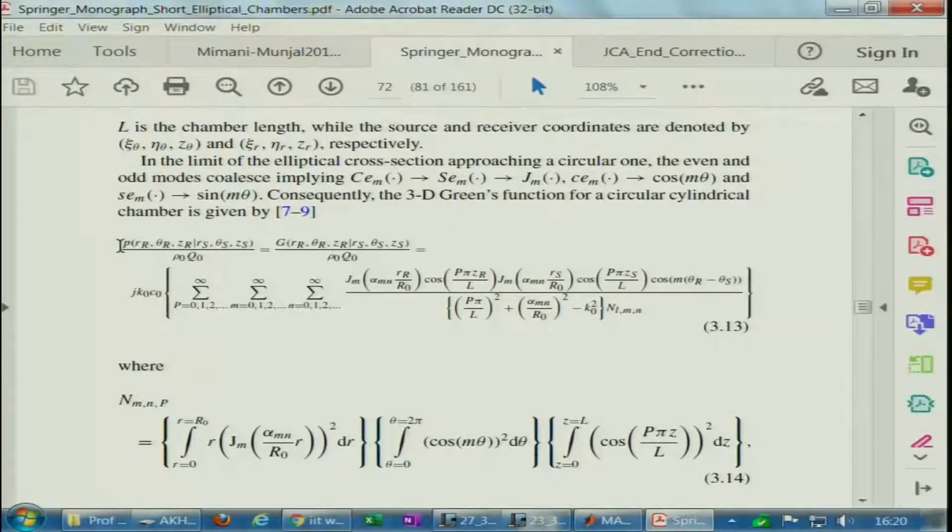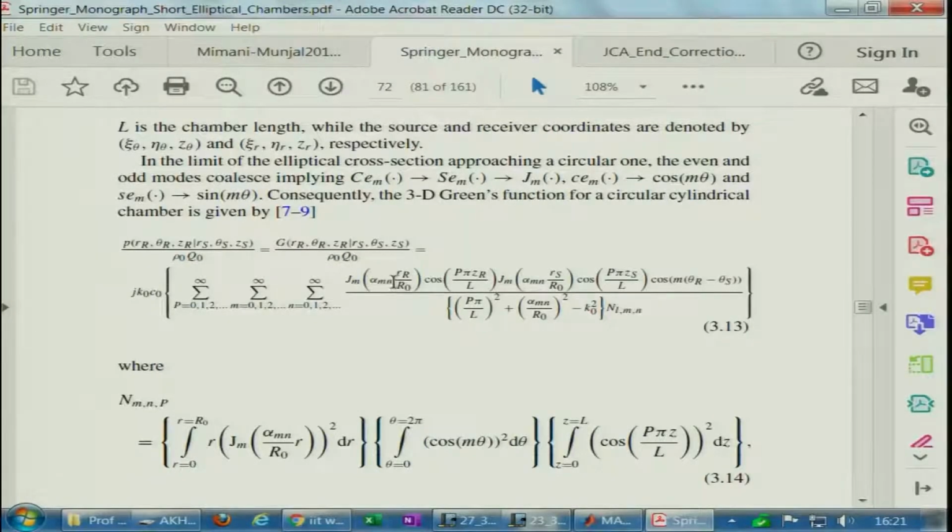Okay. So, you see this J_m(alpha_mn r/r0) and these kinds of things. Like I said, these are Bessel functions, ordinary Bessel functions of the first kind, and Neumann functions do not feature in the circular cylindrical case because the origin is present, and the Neumann functions would blow up, causing a singularity at the origin.